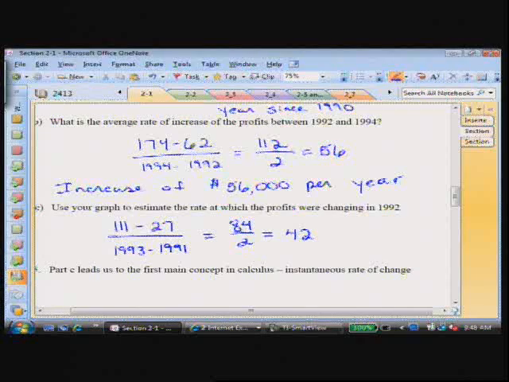So 42,000 is the rate of increase in 1992.